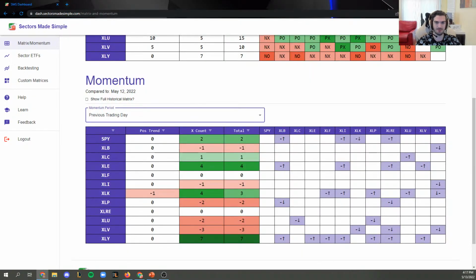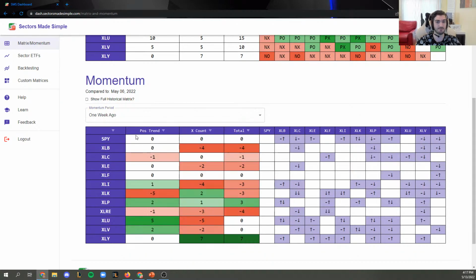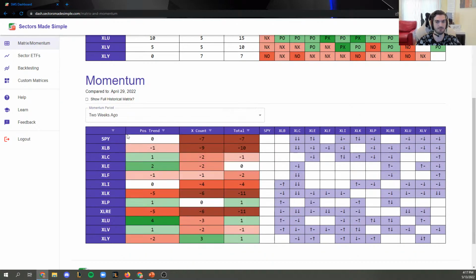So, here we have our momentum period. We have our previous trading day, which is yesterday. So that's the 1 day. 1 week, 2 weeks. Notice how all of these changes are now significantly larger. XLB, very dark, -10.